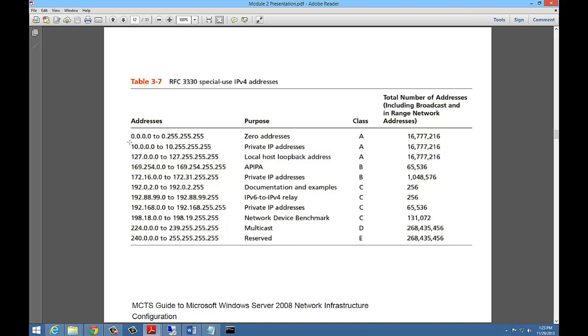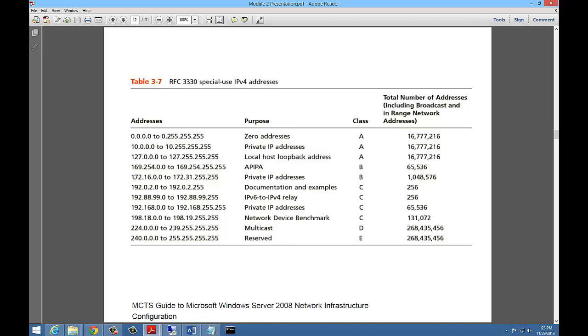So this gives you a list of all the different addresses called special use addresses that are non-routable. These addresses cannot be used outside of your own private internal network. They can be routed, however, to public addresses using a firewall that does what's called address translation, which we can talk about another time. If you look at the 10 dot address, anything that starts with a 10 is by default a private address.